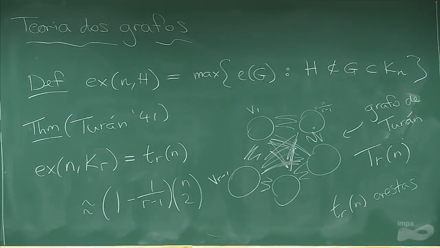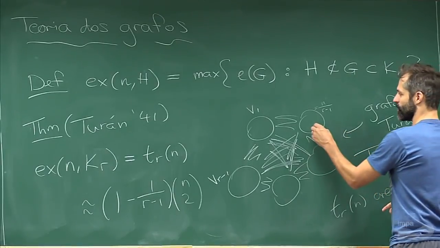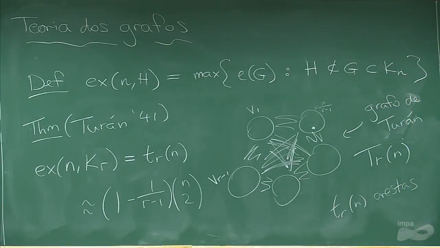Is it okay? Oh, why? Yes, sorry. So we have r minus 1 parts, all the same size. So how are we going to count the edges? Well, instead of actually counting them, let's just see what proportion of all n choose 2 edges are present.